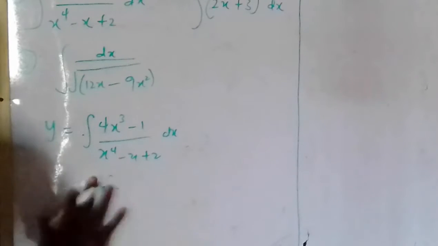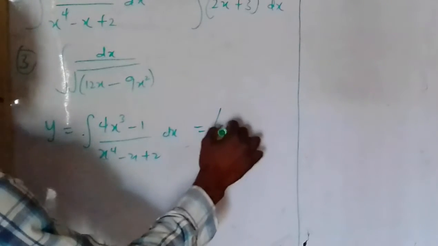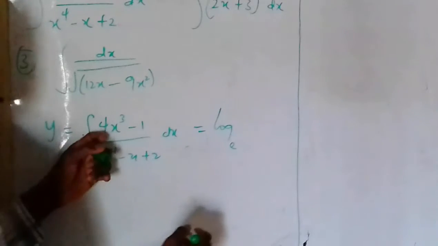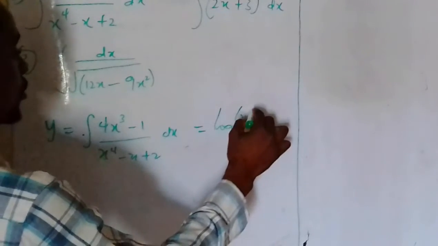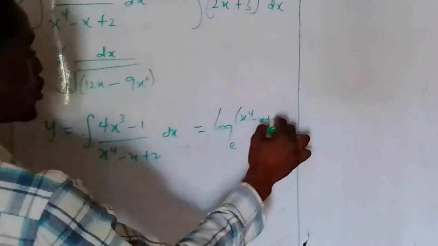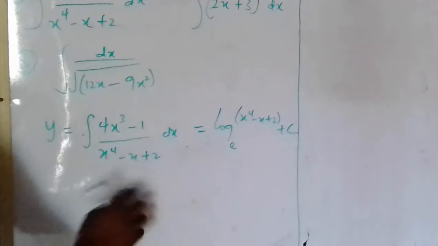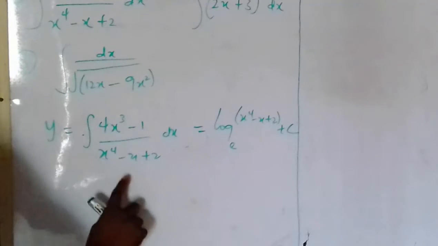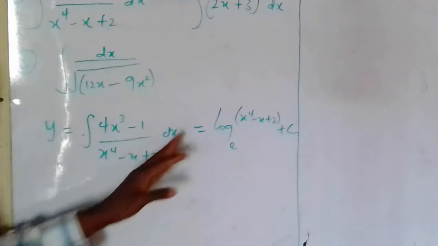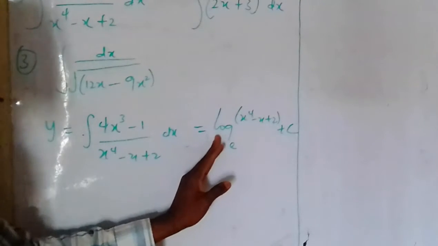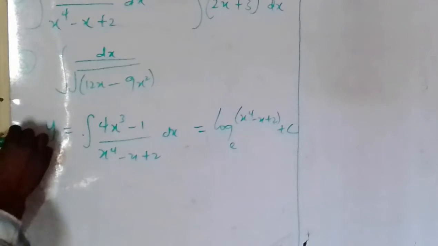In which case, the integral automatically will be the log of our denominator, x to power 4 minus x plus 2, then plus C. According to number 5 of the important rules in integration, when you differentiate the denominator and get the same thing as the numerator, the answer will be in log form, or ln form: the log of the denominator plus C. So that's for number 1.